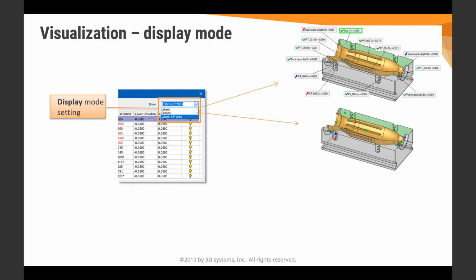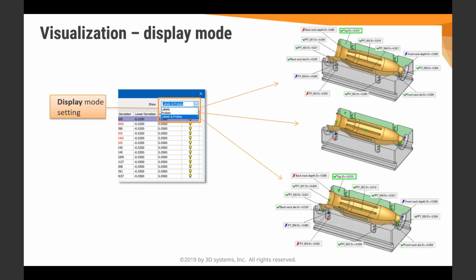The color shows the status. Green is within tolerance, blue is out of tolerance, still material left, and red is cut too much. And the third option shows everything, spheres and labels.